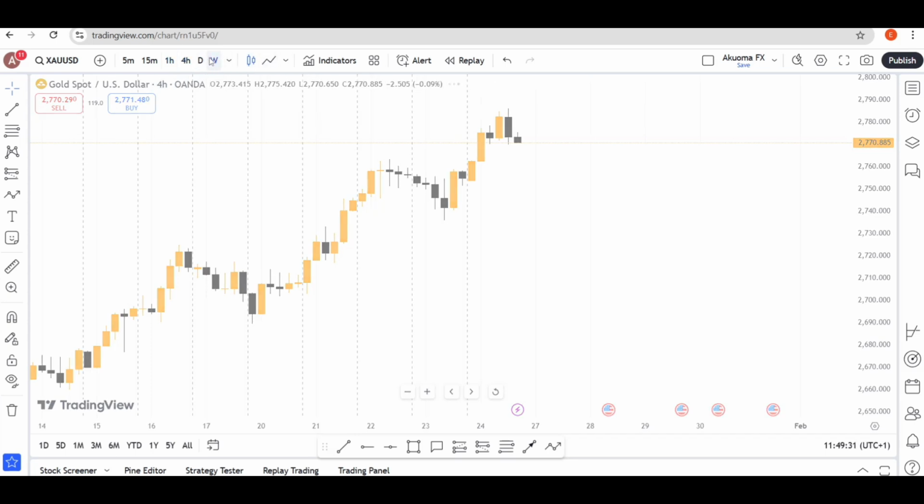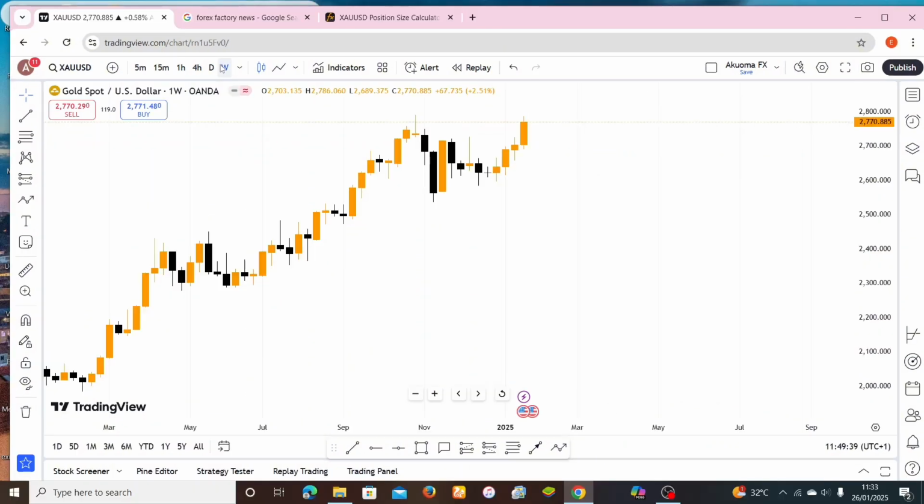So guys, going over to our weekly time frame, you can see that the market is on a bullish trend. What I do when I come to my weekly time frame is to map out my zones, the nearest zone that the market broke out from.